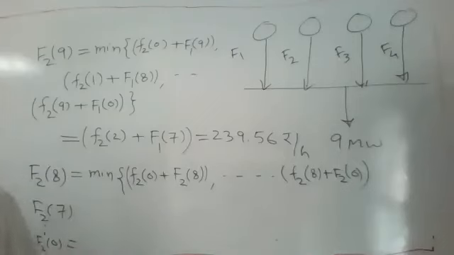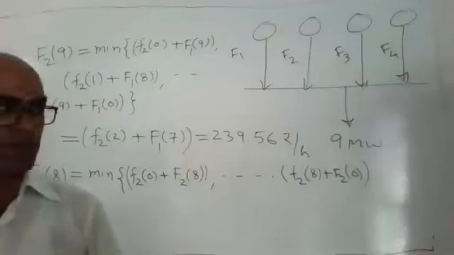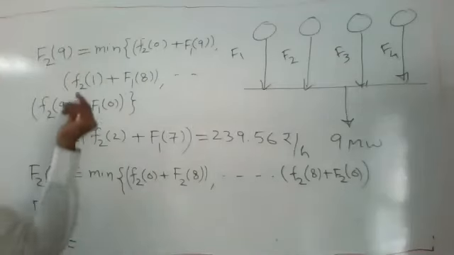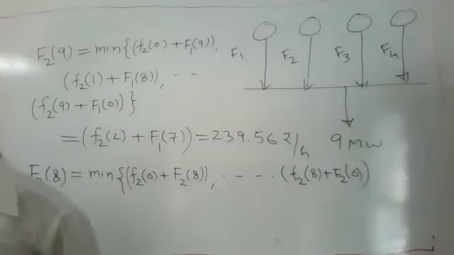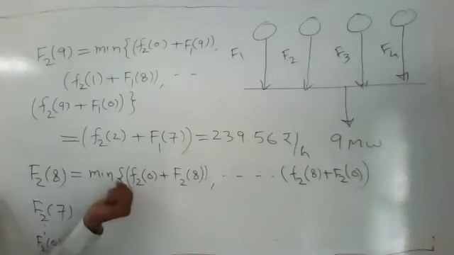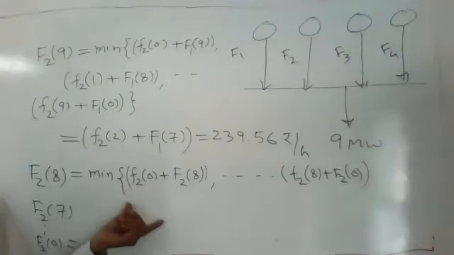So if you are computing all 4 generators, these 9 combinations, then in each case you notice that unit number 2 and first will give you the minimum operating cost.